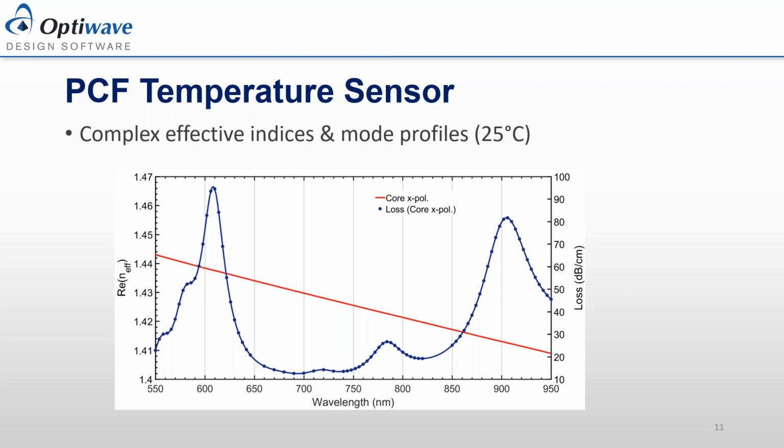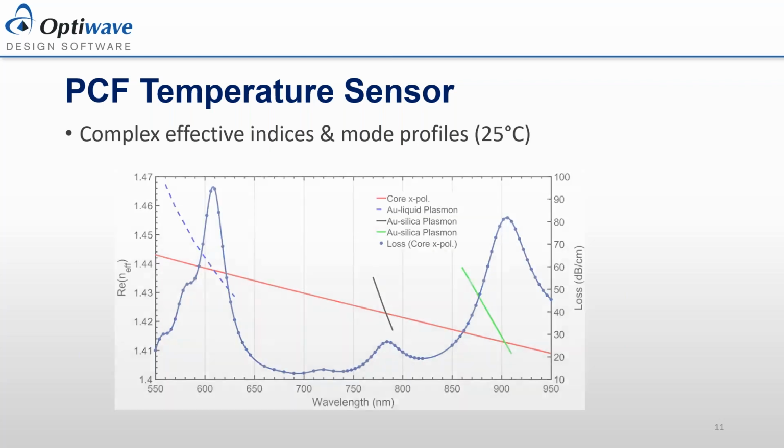These loss peaks correspond to the coupling of the core mode to the plasmonic modes at the gold liquid and gold silica interfaces. This can be illustrated by also calculating the effective index of the plasmonic modes, which is this next slide here.